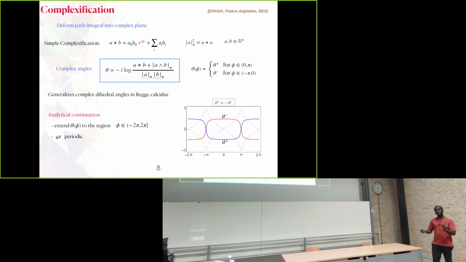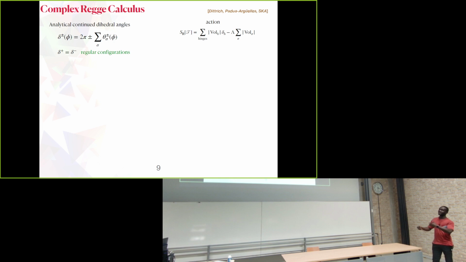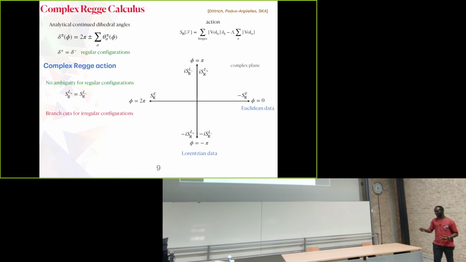This gives us a nice way to define the complex Regge action, because you can use these angles to define the deficit angles, which are defined in this way, and then use that to define the Regge action. The end result is that it's all well defined. This is the complex phi plane. If phi equals 0, I pick up the Euclidean action, and if phi equals pi, I have the Lorentzian actions.